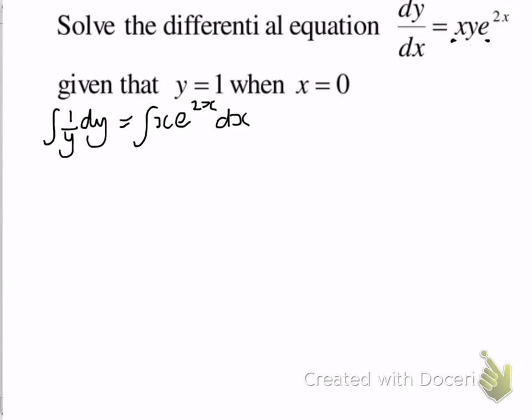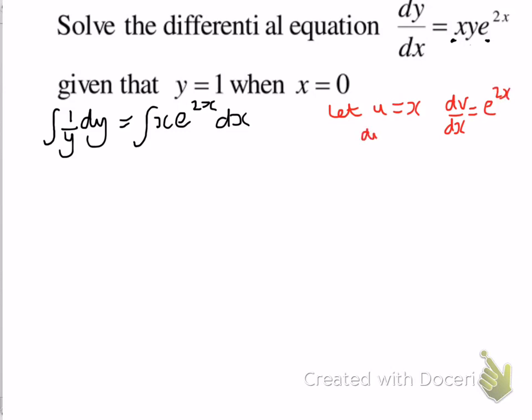So looking at the right hand side, we can see here that to integrate this function we need to look at integrating by parts. So we'll say okay, we'll let u equal x and dv by dx equal e to the 2x.